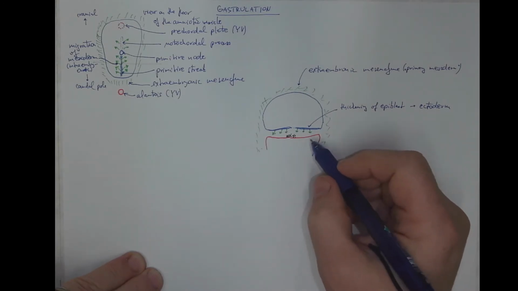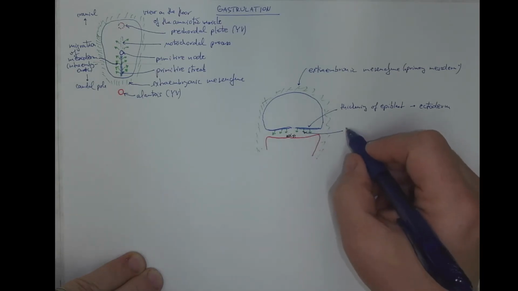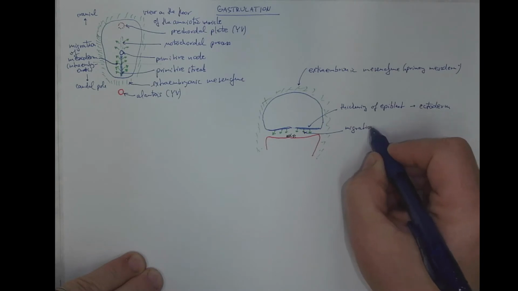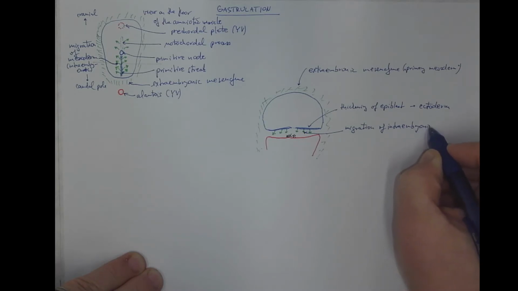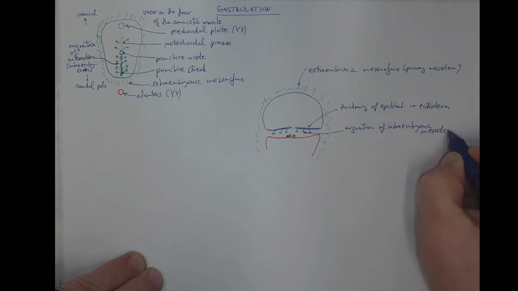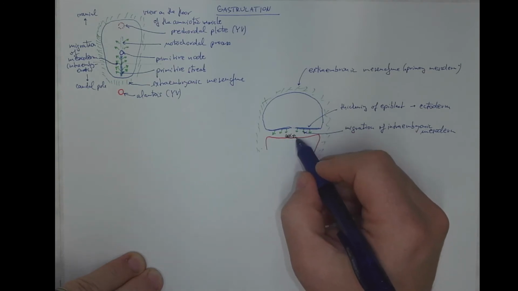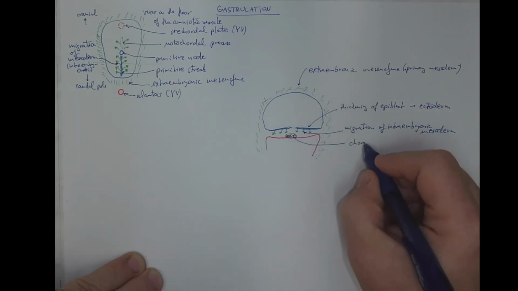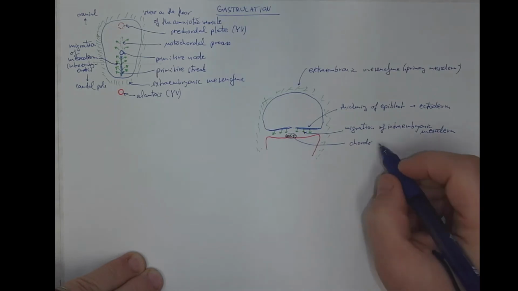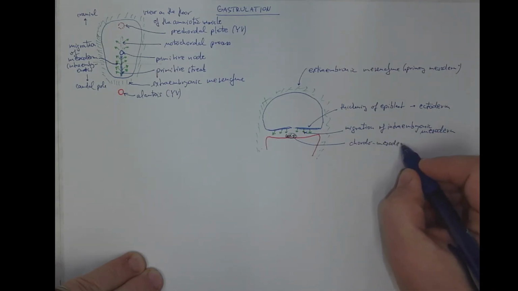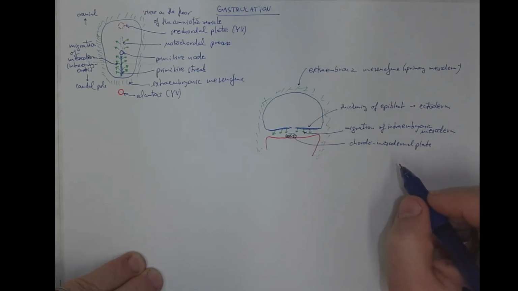This is the migration of the intra-embryonic mesoderm. This is the chordomesodermal plate, the interaction between the yolk and amniotic vesicle, that will later on become independent and form the notochord.